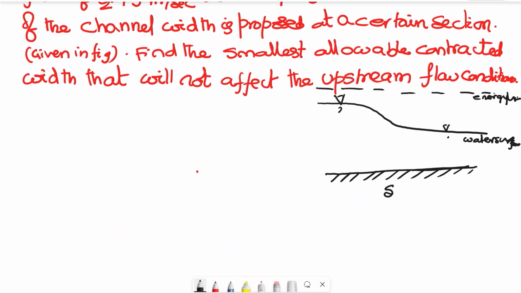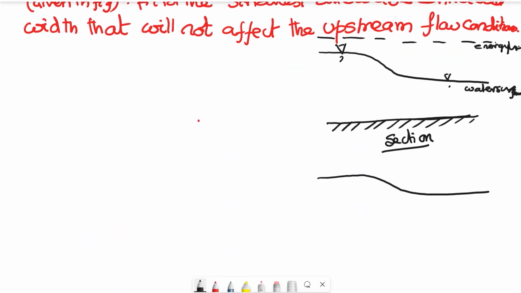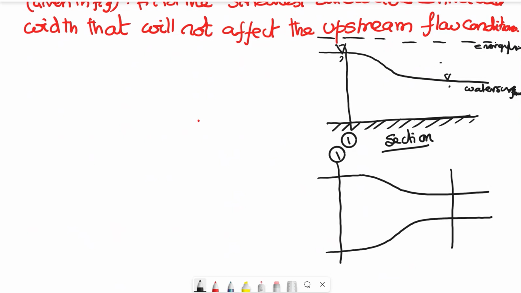Suppose this is the section. If I draw the plan, this is the channel width here, section 1, section 2. Same is the section here. This is section 1, section 2. So here it is B1, here it is B2.